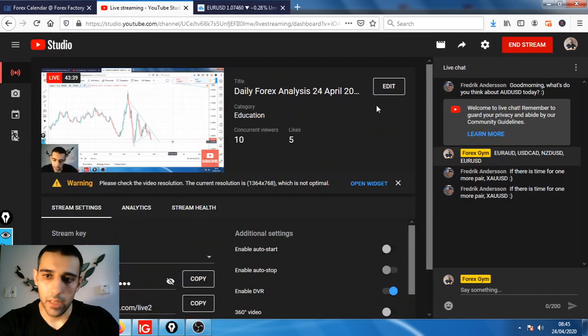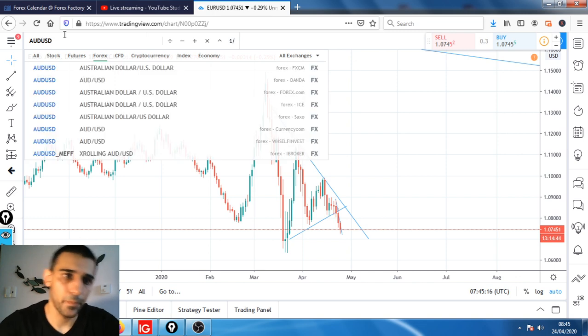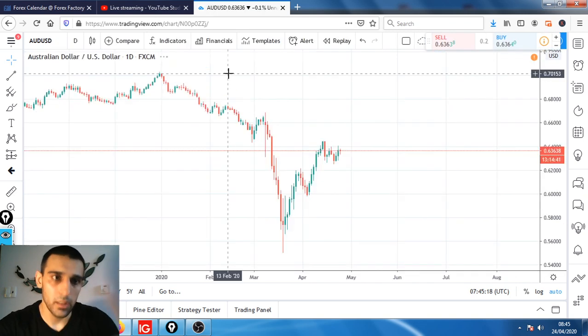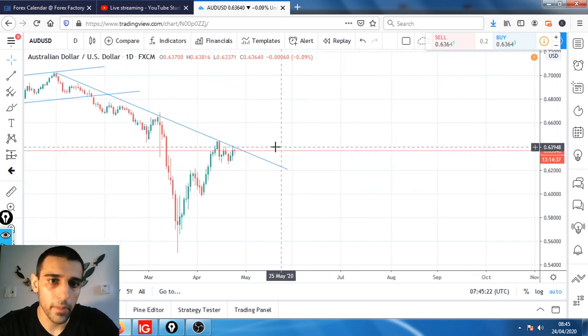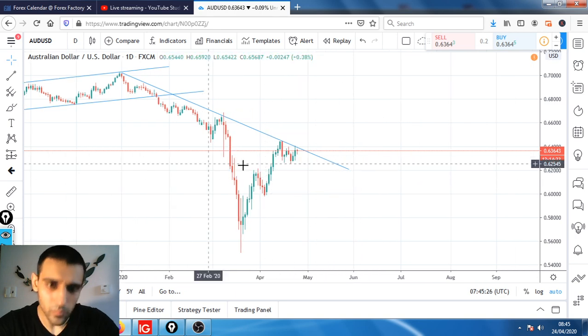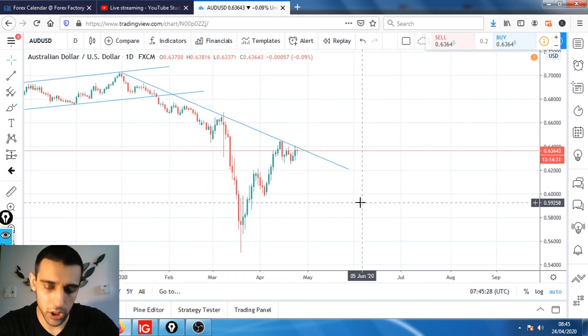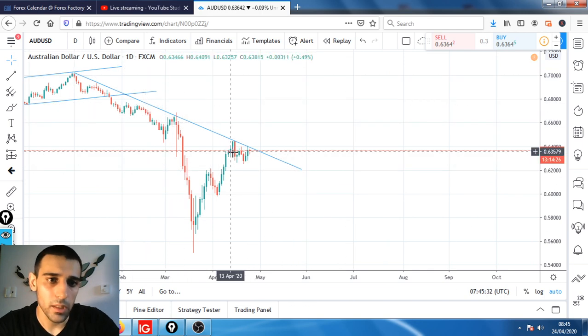Okay, so let's jump into, as Frederick asked, Aussie against the US dollar. So daily time frame, I did mention this was choppy. I did have a look at it earlier. It looks pretty choppy as of the short-term view. This is the daily time frame.